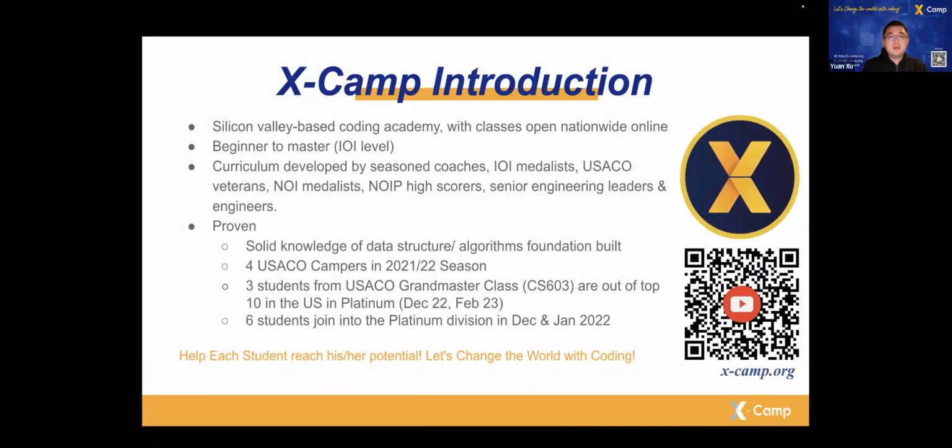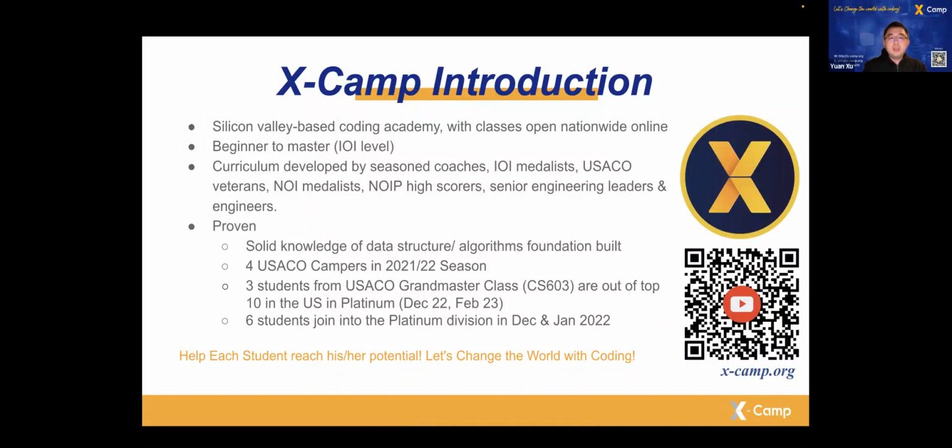And over the years, the curriculum has been developed by seasoned coaches, and lots of very strong past competitors from different competitions in the US and also from China. Many of them are world-class competitors when they were in senior high school or in college. And the curriculum system is proven in several folds.